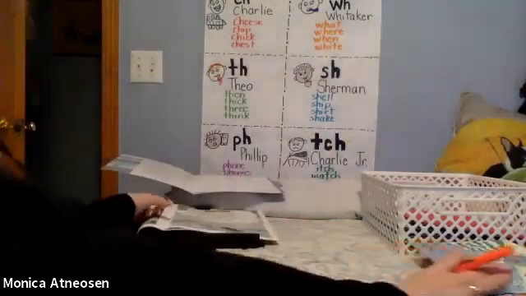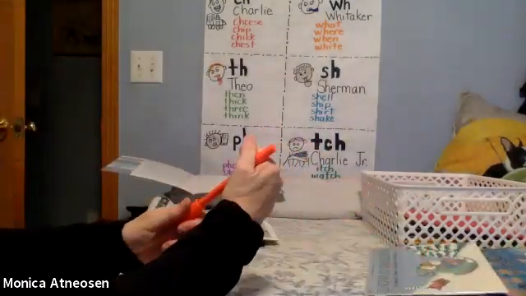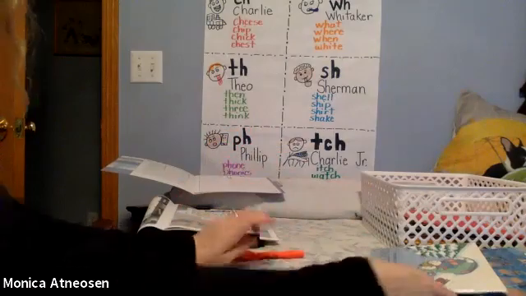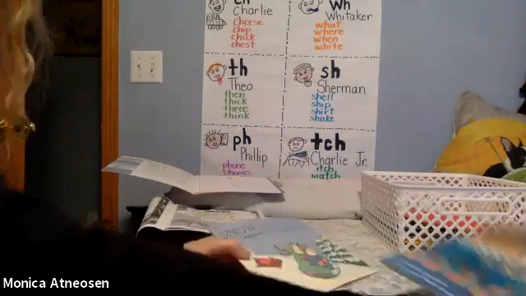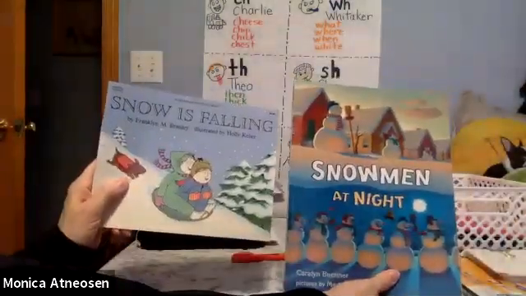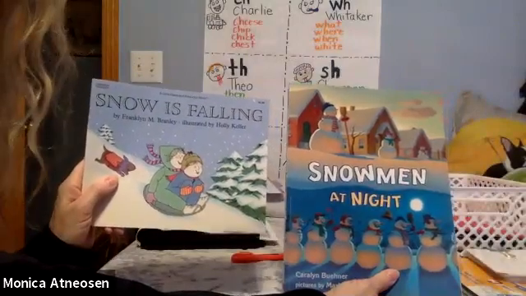Next thing we're going to do is listen to or look at the stories we've been working on. So we've been working on Snow is Falling and Snowmen at Night. Now we're going to move on over. We've been talking about knowing when these books are fiction or when they're nonfiction.